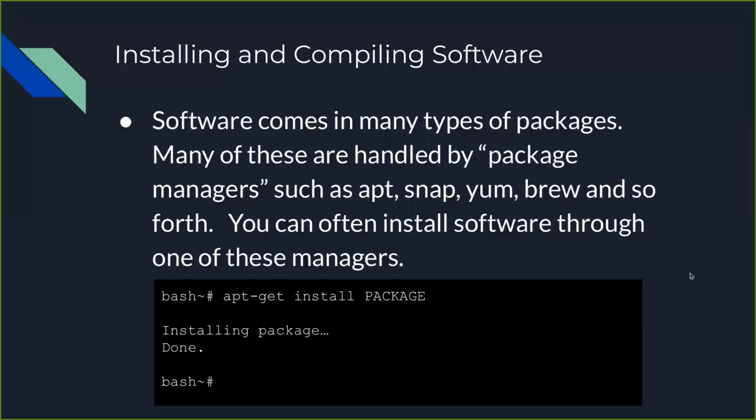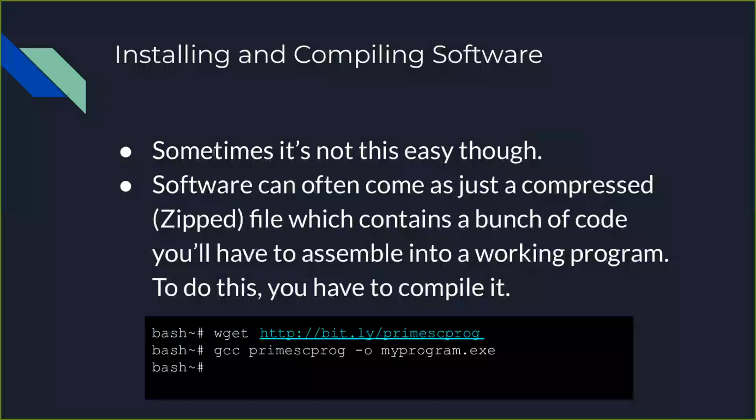Now, if you're lucky, the software you want will be packaged like that. But this is not always the case. Sometimes it's not that easy. Sometimes, and in fact more often than you might think, particularly in scientific and engineering applications, software will just come as a compressed zip file that contains a bunch of code.